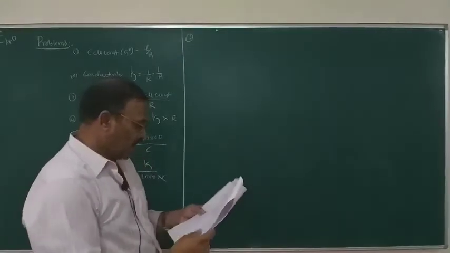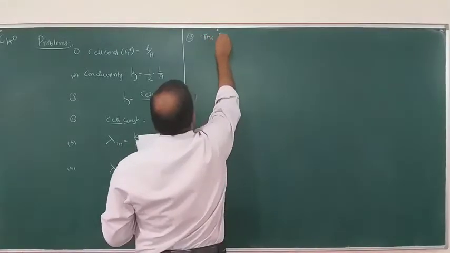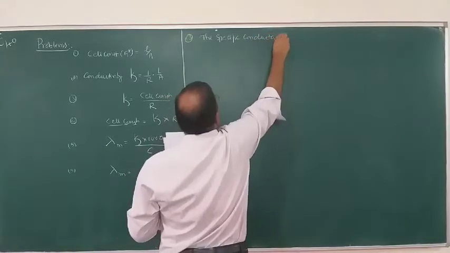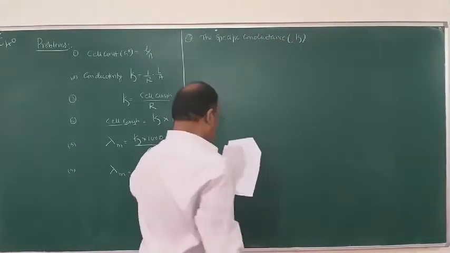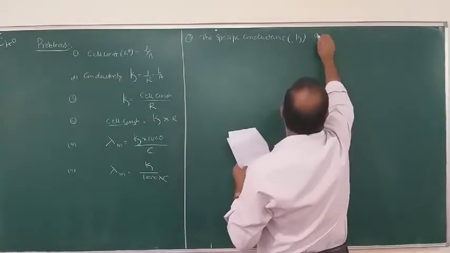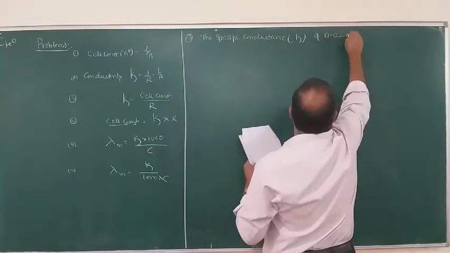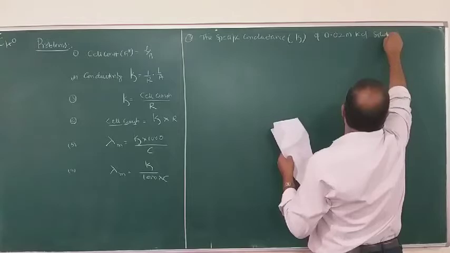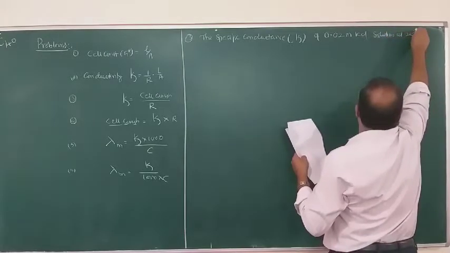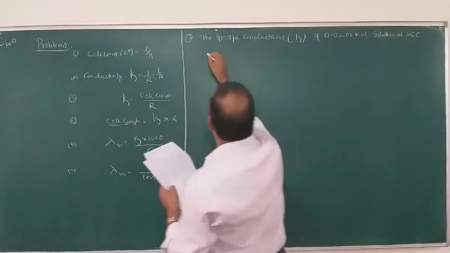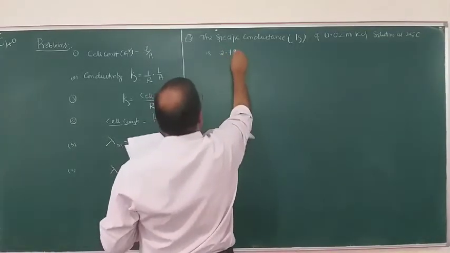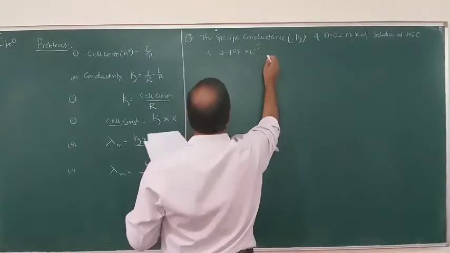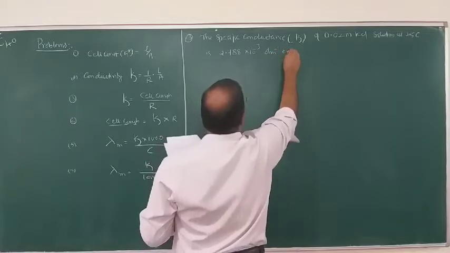So problem number 3. The specific conductance kappa of 0.02 molar KCl solution at 25 degrees centigrade is 2.788 into 10 to the power of minus 3 ohm minus 1 centimeter minus 1.